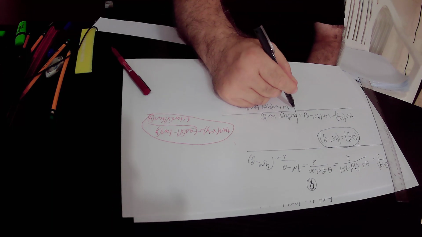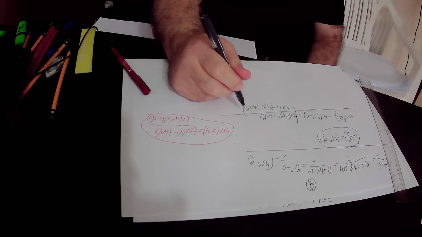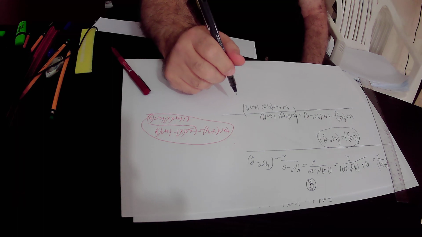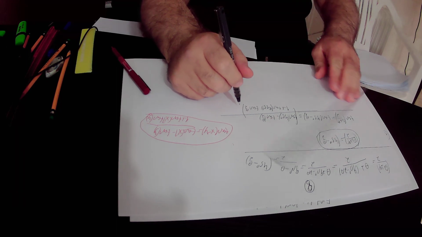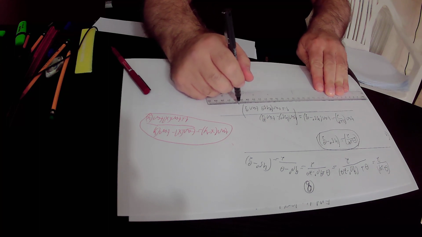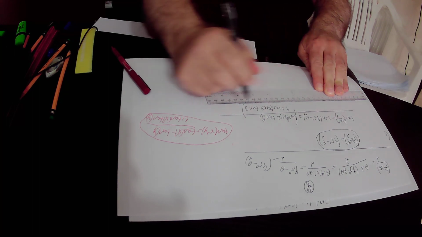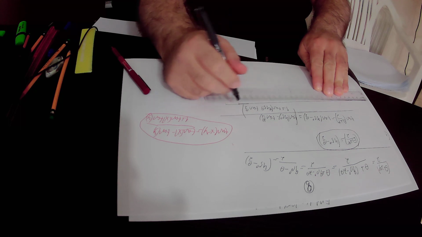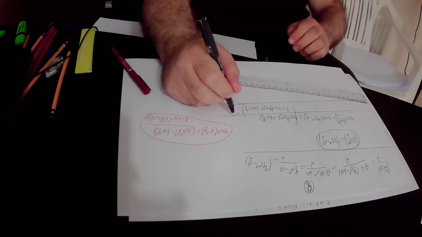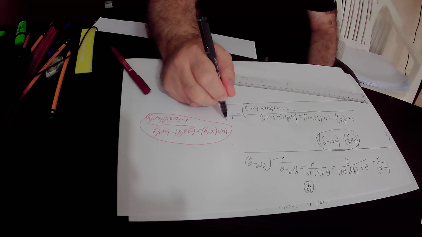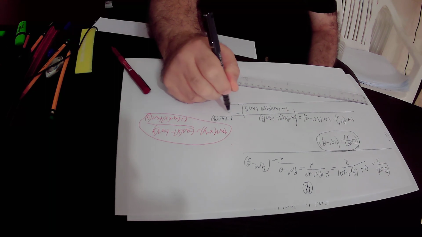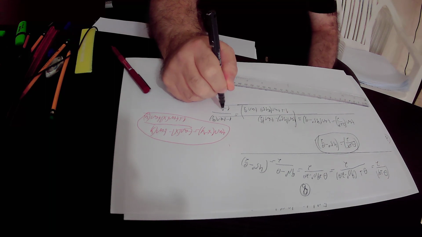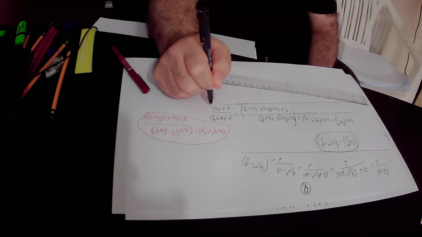We know that tangent 45 degrees is 1, so let me write it down: this expression is equal to 1 minus tangent theta over 2 over 1 plus tangent theta over 2.